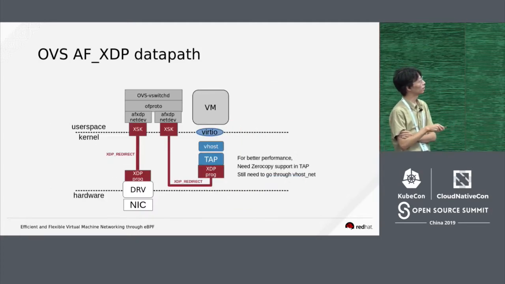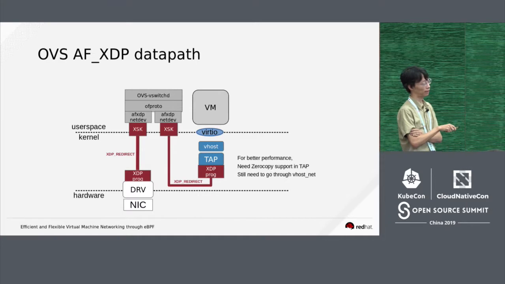So how can we apply AF_XDP in a VM? How can we expand OVS? We have this device, the XDP socket. If we attach the XDP socket, we can realize this virtualized data path.